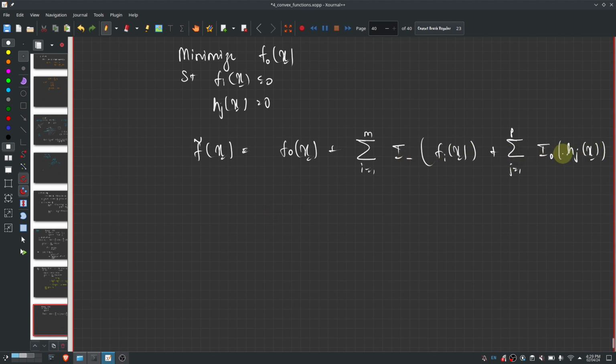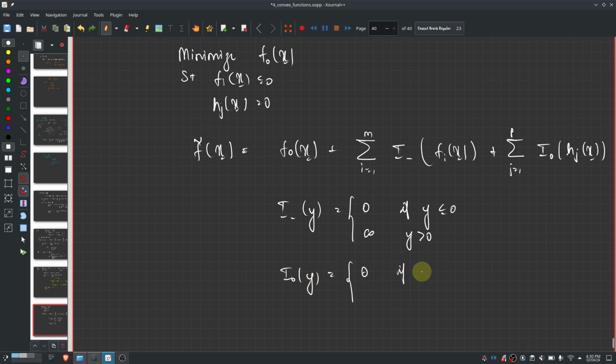Right? Where what are these I minus and I zeros? So I minus is a function where I minus of y is equal to 0 if y is less than or equal to 0, and it's equal to plus infinity otherwise. And I0 of y is a function which takes value 0 if y is equal to 0 and plus infinity if y is not equal to 0.